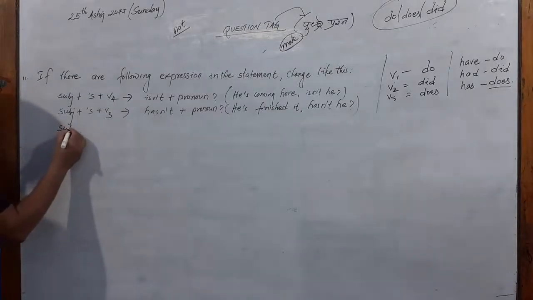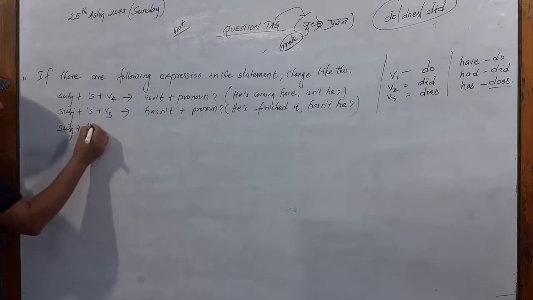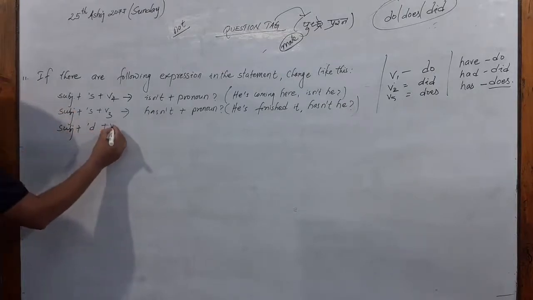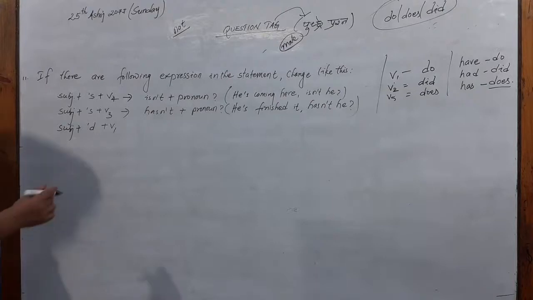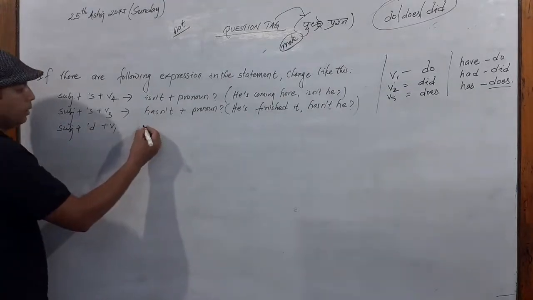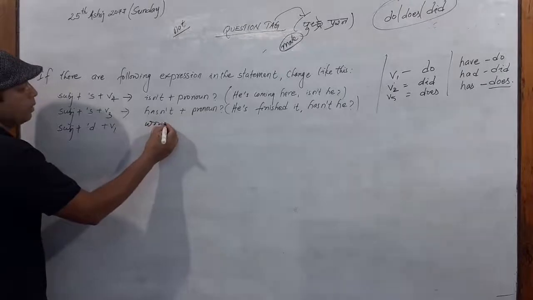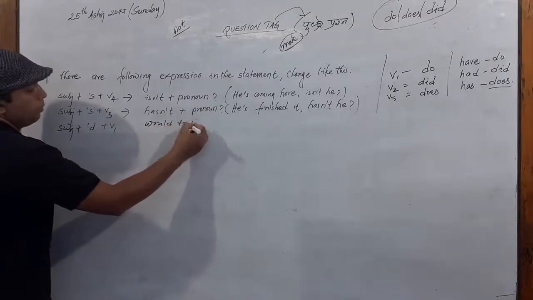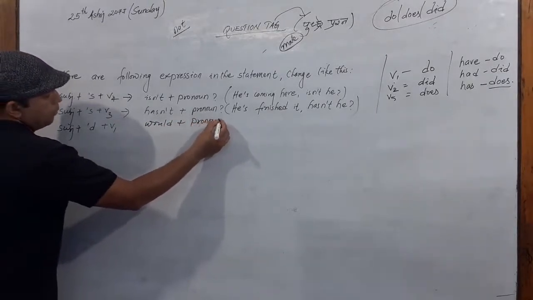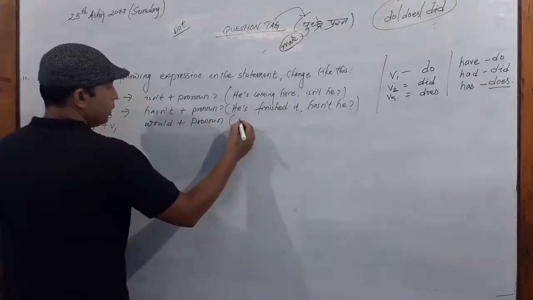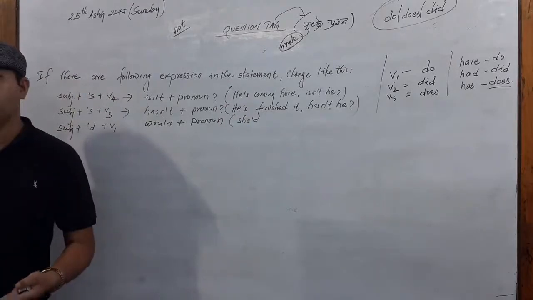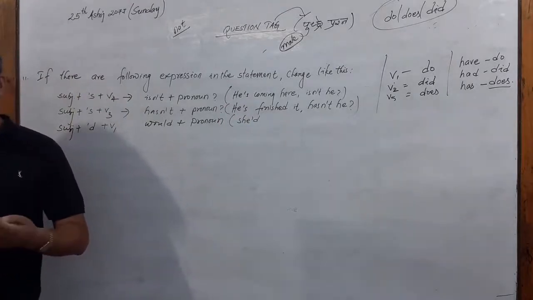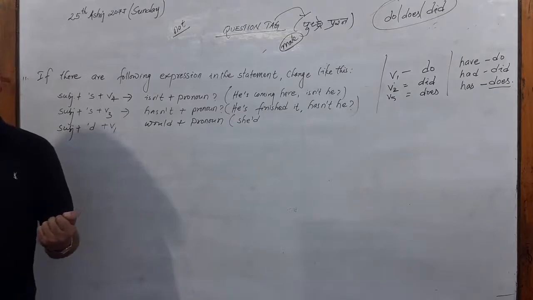Okay. If there is subject plus apostrophe D plus verb 1, then it means had or would. Verb 1 is there. Then we have to make would plus pronoun. For example, if there is C apostrophe D, how do you pronounce it? C would or C had? It's confusing.